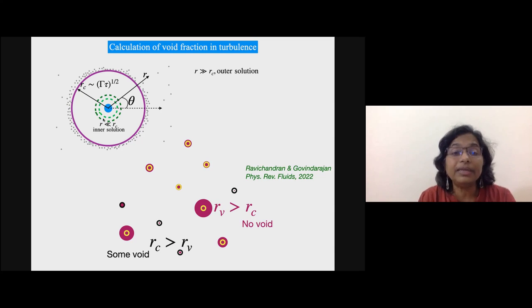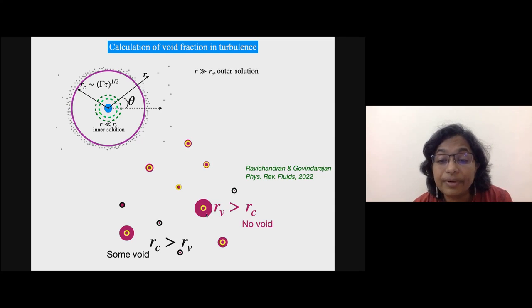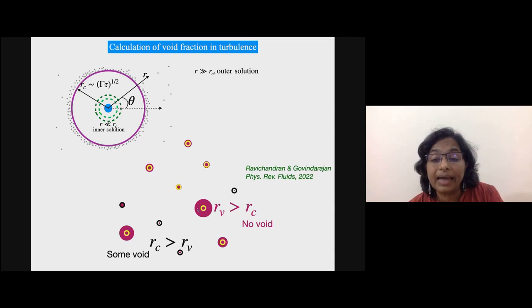The first thing we need for this void is that the vortex radius RV should be smaller than the caustics radius. So if the caustics radius is bigger than the vortex, like shown here, that's when you get a void. Otherwise, you do not get any significant void. So here are all these red vortices, which are big, and the yellow caustics radii, which are small.